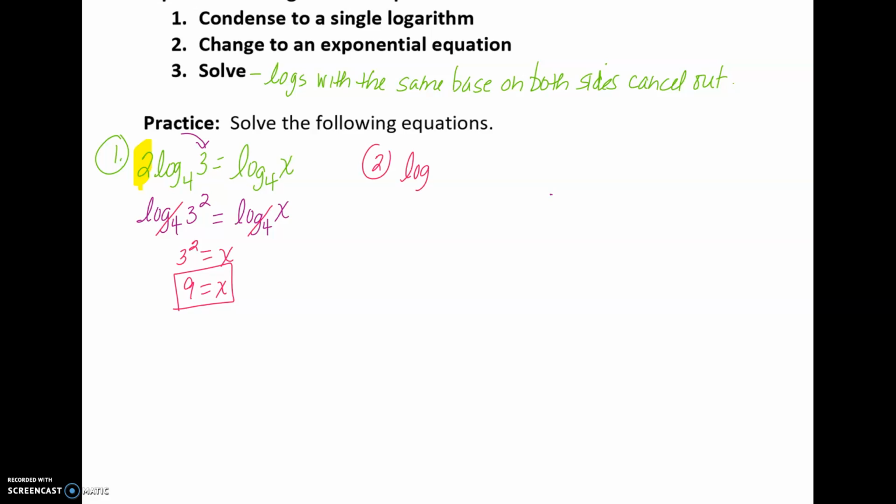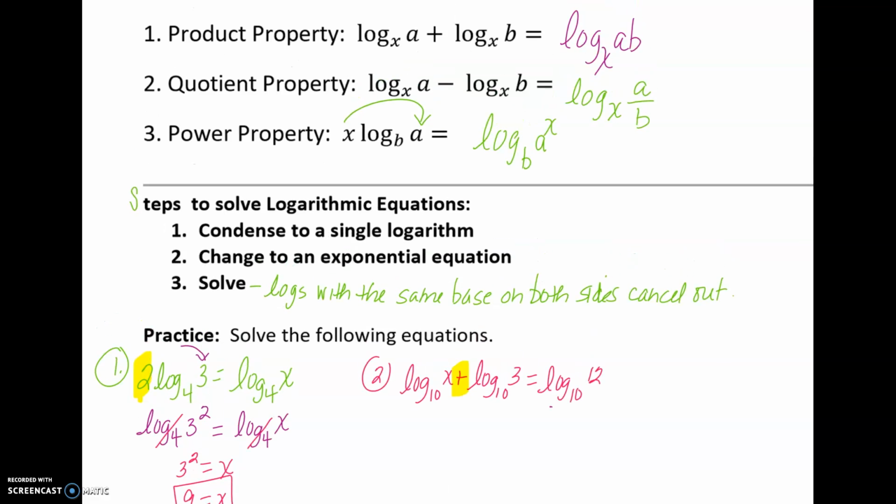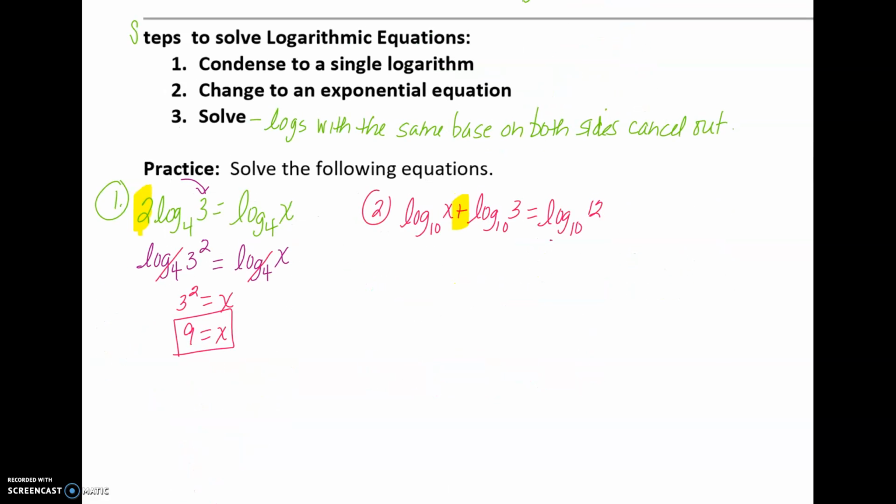Log base 10 of x plus log base 10 of 3 equals log base 10 of 12. All right, when I see this addition, if I go to my properties, I know this is the product property. And I'm going to rewrite this as log base 10 of x times 3, and I'm just going to leave it in parentheses, equals log base 10 of 12.